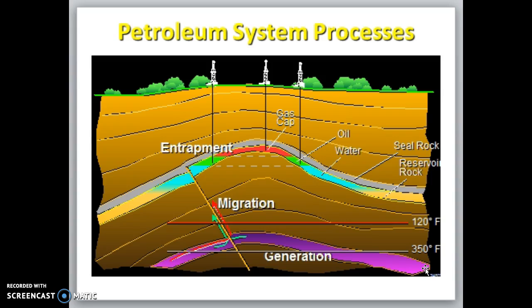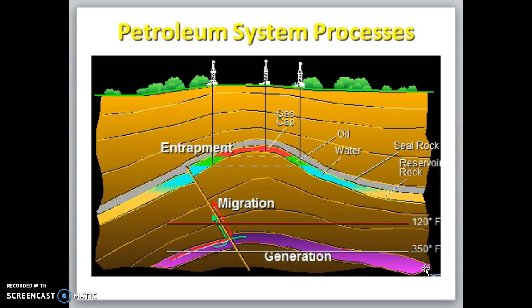You have to bear in mind that the source rock is the rock that generated the oil, then later the oil migrated into the reservoir rock, and the source rock can exist tens of miles away from the oil field.